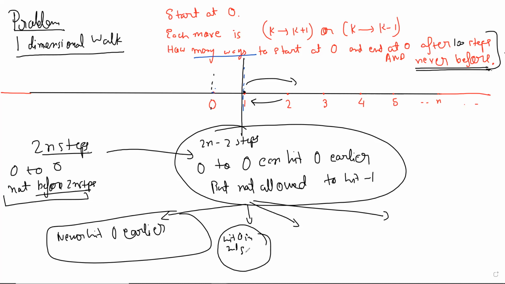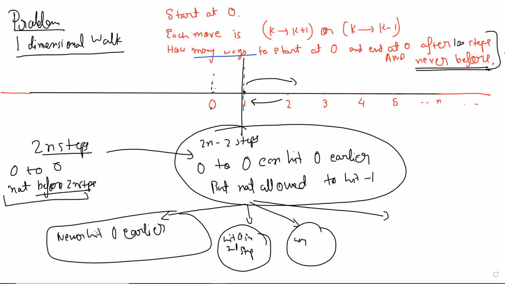So basically you have to do the casework on the first time you hit 0. If that first time you hit 0 is 2n minus 2, then that's never hitting 0 earlier. That's the first case: hitting 0 at step 2n minus 2 for the first time.